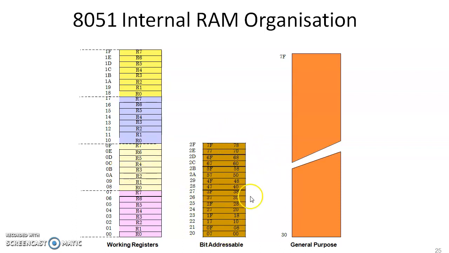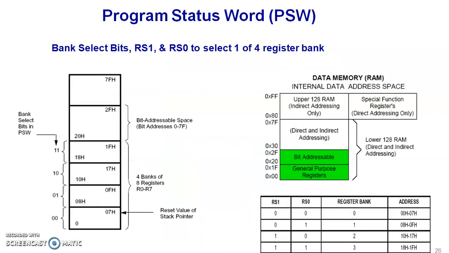That means in this area addresses are defined so that we can change a single bit of those particular registers. And this is the general purpose area, from 30H to 7FH. So this is, in general, the internal memory organization of your 8051.